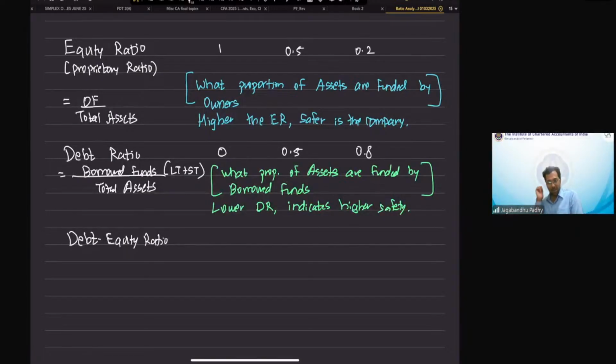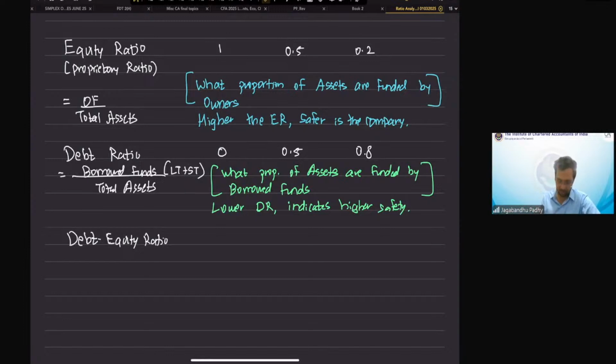There is no ideal number for these ratios, right? Because that will differ from company to company and even from one industry to another. These ratios have to be used along with some other ratios, which we will learn in a while.